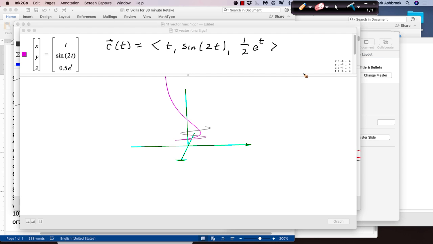So what do you see that makes this one a whole lot easier? What about this vector function simplifies things greatly? x is t, and because x is t, and this is y, how could we rewrite y then? What's another way to write the y component?